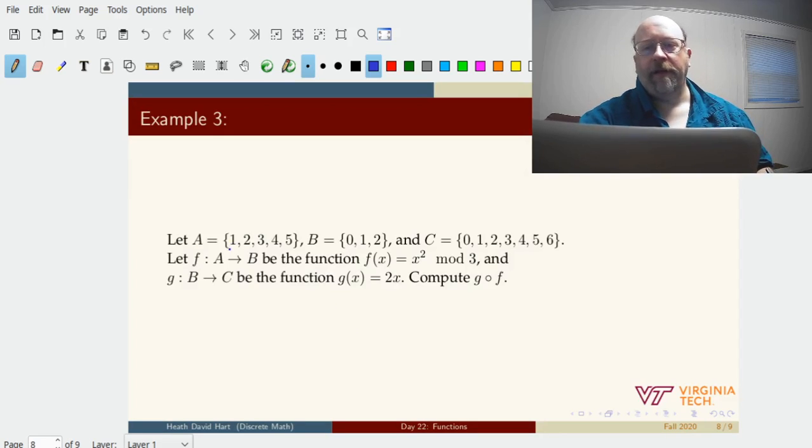So let's look at here. F is a function from A to B, and G is a function from B to C. A to B is the function x squared mod 3, and B to C is just the function 2x. Okay?